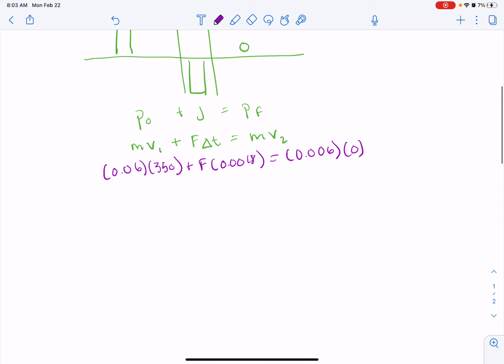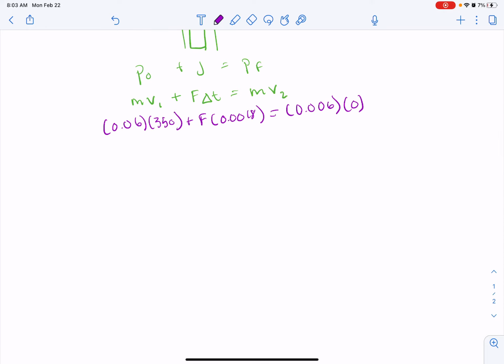Now we can start solving this out. 0.006 times 350 gives me 2.1, plus 0.0018F equals 0.006 times 0, which is 0.